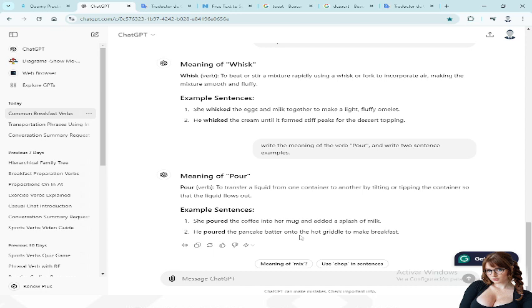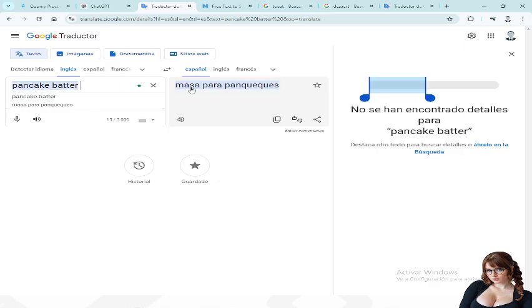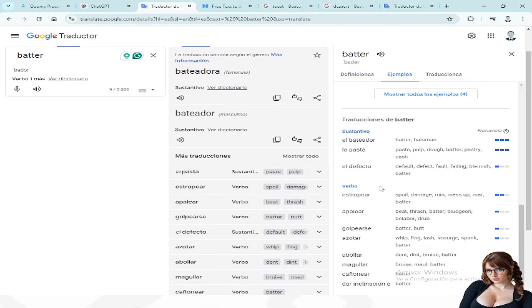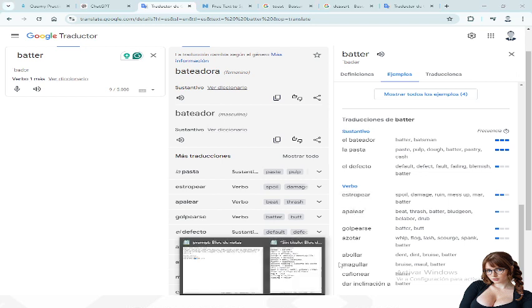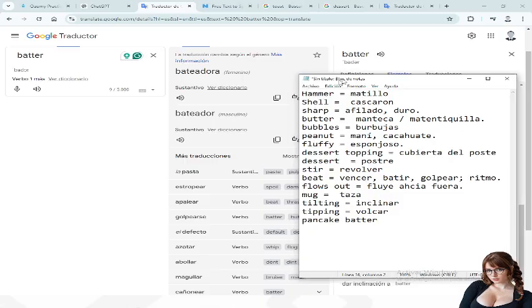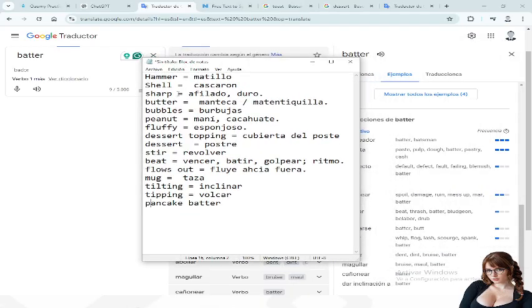Okay, what is pancake batter? We have a noun, but sometimes with a couple of words we need to understand the meaning, like a phrasal verb.